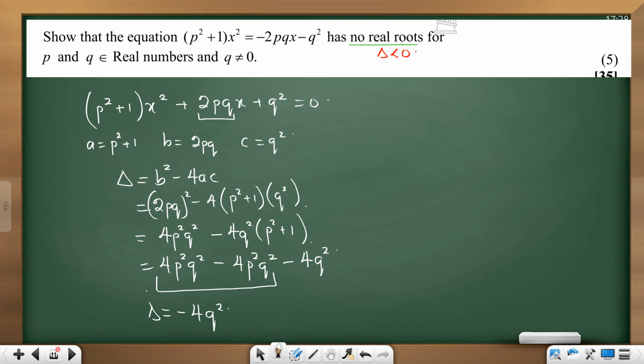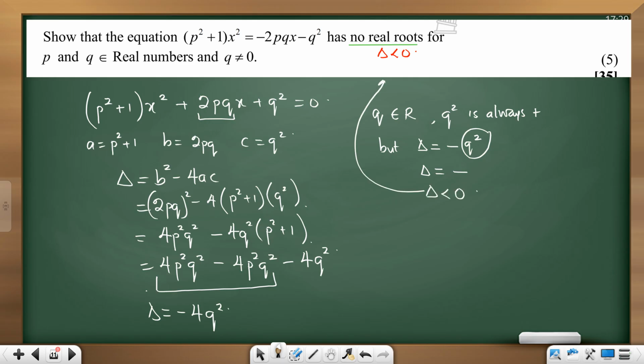Now, how do you interpret this? For when q is that, q squared is always positive, right? But my discriminant is negative q squared. If this one is positive and I'm multiplying by negative, so it's less than 0.